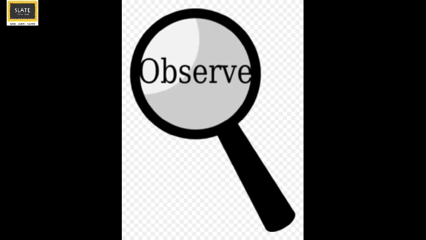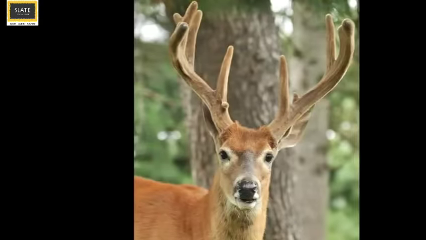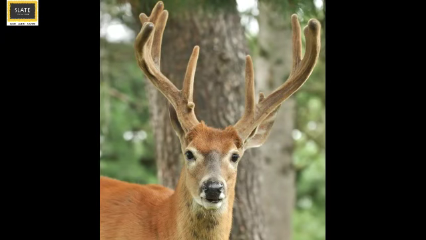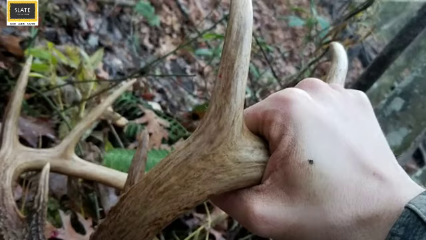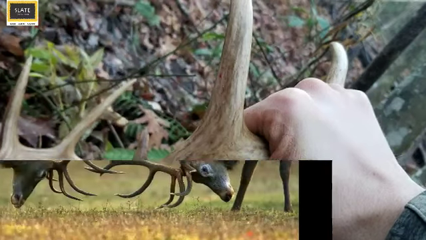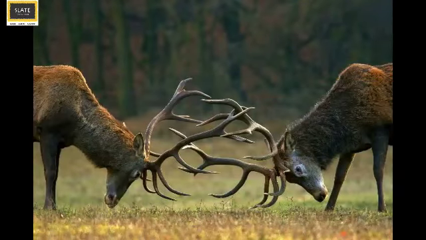You all also must have observed these kinds of structures on deer. Deer do not have horns, but they have antlers. Antlers are made of solid bone. Children, horns and antlers are used by males to fight with other animals.